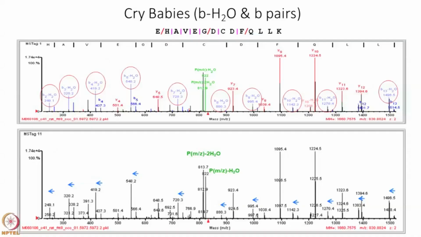Now, there's another aspect to this that I know, but you don't: when you get this loss of water happening like this, that often happens when you have a glutamic acid at the N-terminus of the peptide. You can get losses of ammonia that look like this when you have a glutamine at the N-terminus of a peptide.